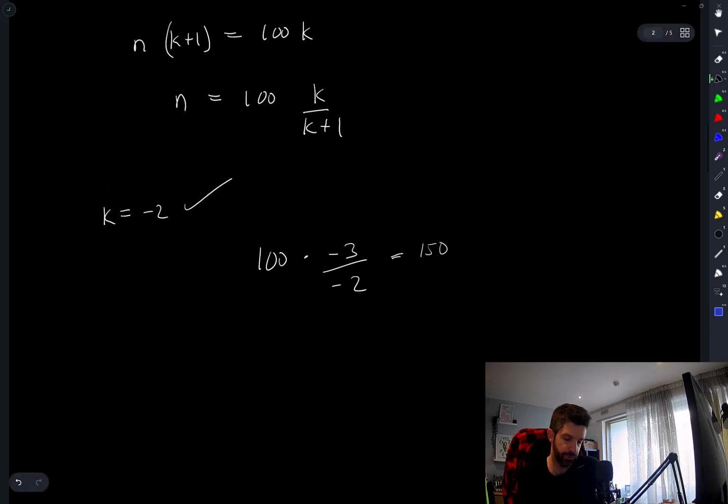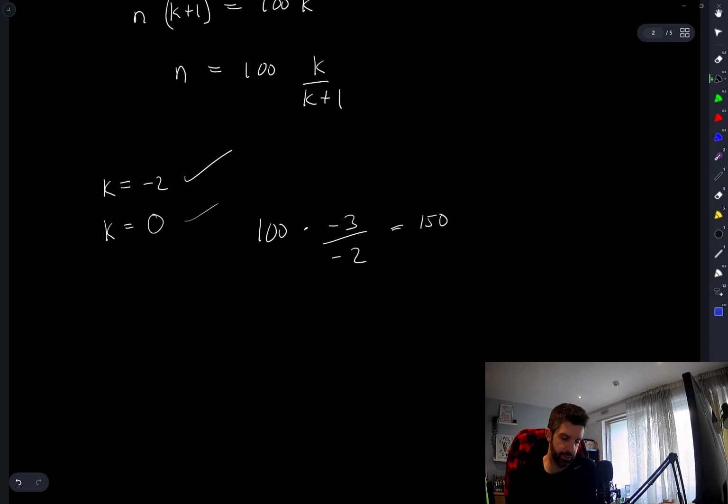So k equals 1 works. k equals -1 works. No, it doesn't, sorry. k equals 0 works, in which case n is 0. It can't be -1, of course not. And then I just need to count all the factors of 100.